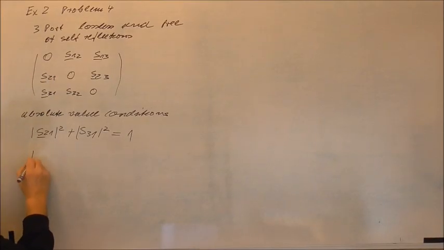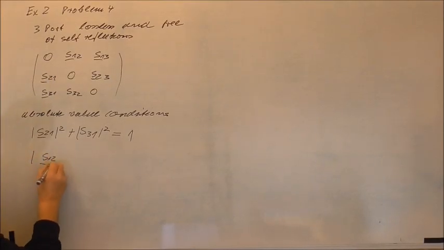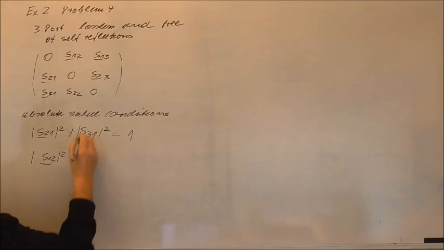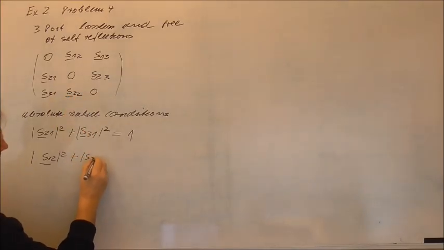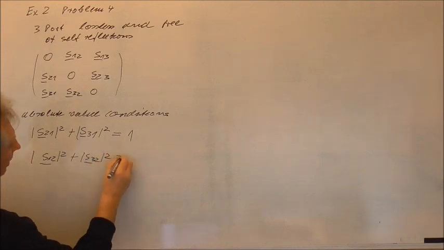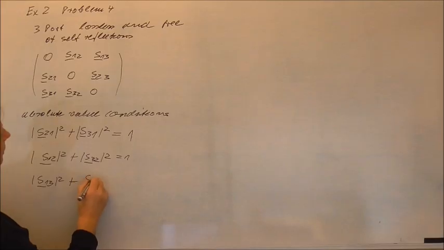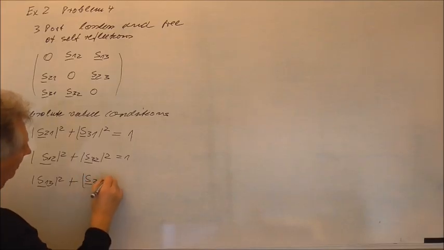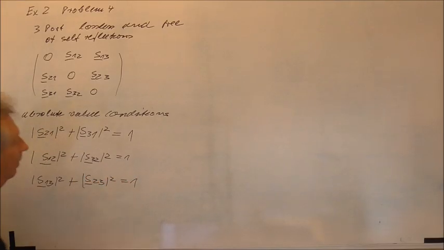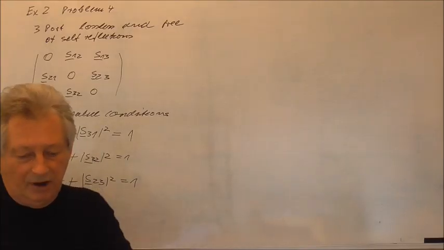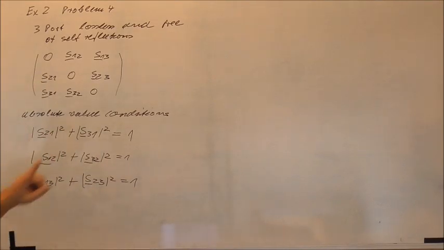Then we have here |S12|² plus |S32|² must be 1, and we have here |S13|² plus |S23|² must also be 1. So these are the 3 absolute value conditions, and then we have the phase conditions.